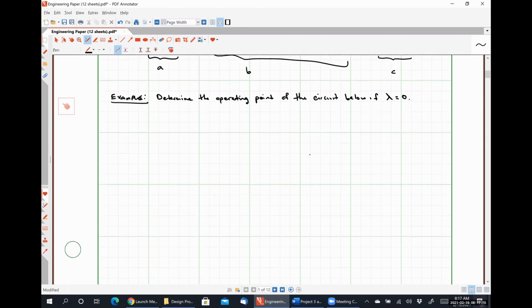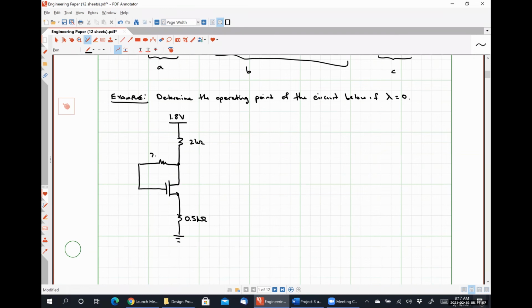And our circuit will be this guy. And let's say that our transistor has an aspect ratio of 10/2.